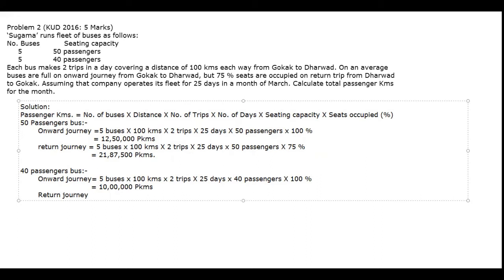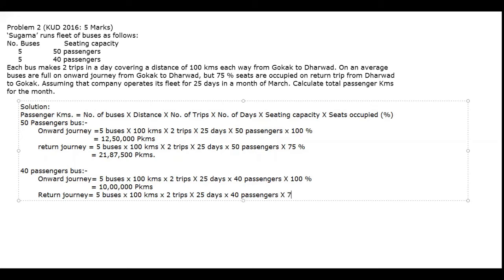Now let's check what will be the passenger kilometers for the return journey. Everything will remain the same, only the percentage of seats occupied will be different. 5 buses into 100 kilometers into 2 trips, into 25 days, into 40 passengers, into what will be the seats occupied?